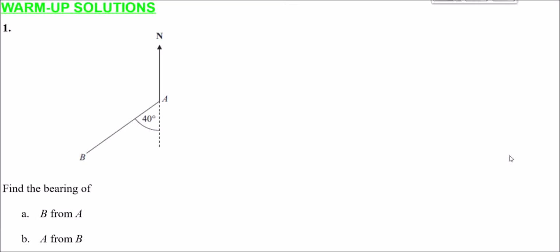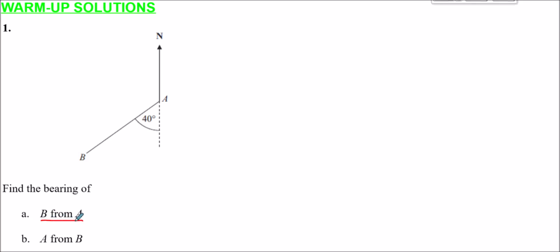So question 1, this is GCSE really, but it's always worth remembering. So we've got a bearing here, so we need to find the bearing of B from A. For B from A, the key thing here is always thinking what the bearing is from.